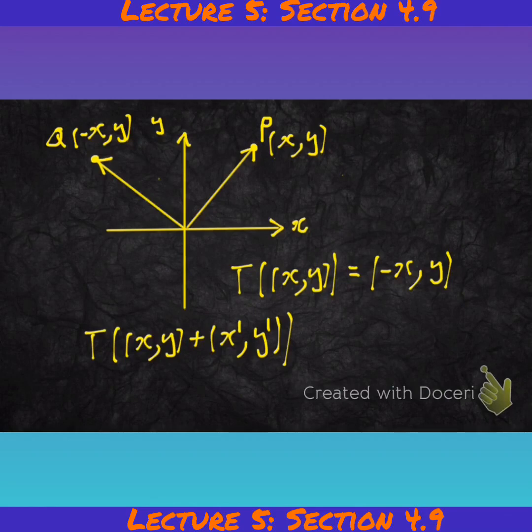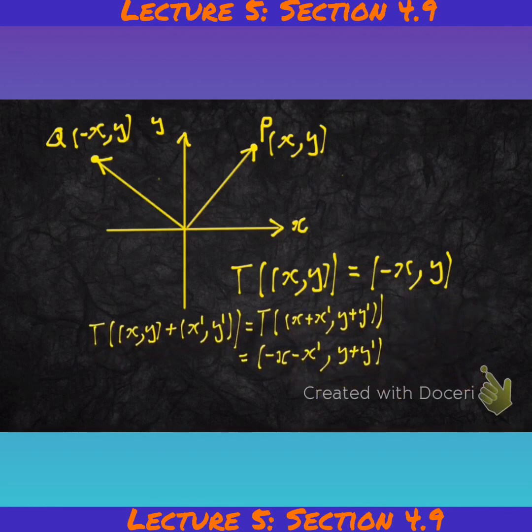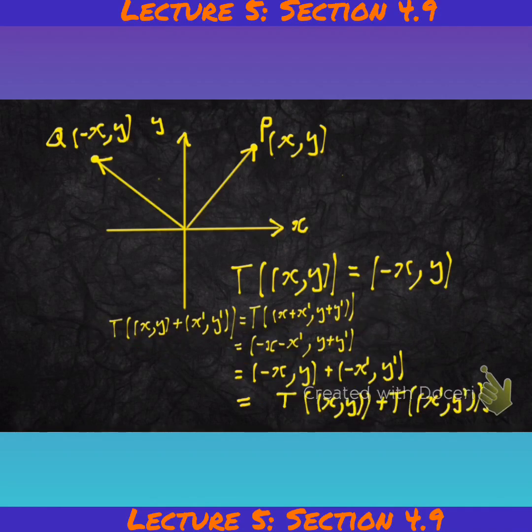That we can write as, and we can further manipulate that term and write it as, then we can write that as, and we can see that the first property of linearity holds. T distributes over the sum of two vectors.